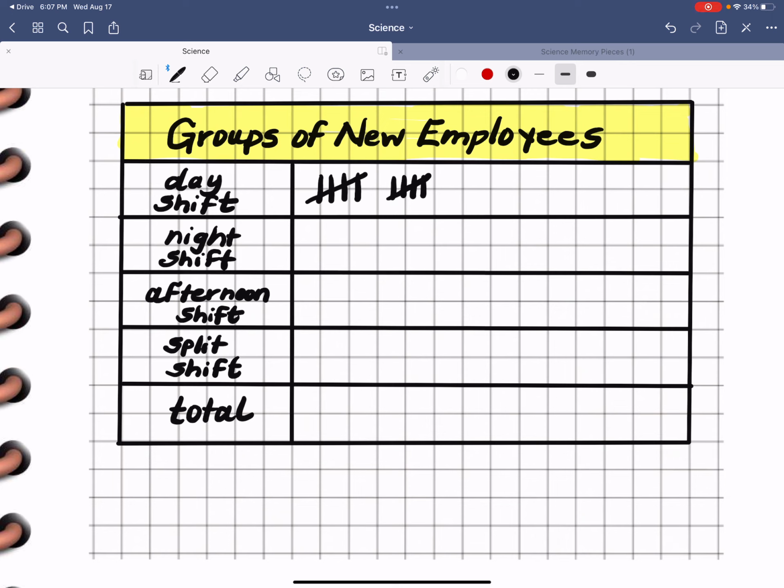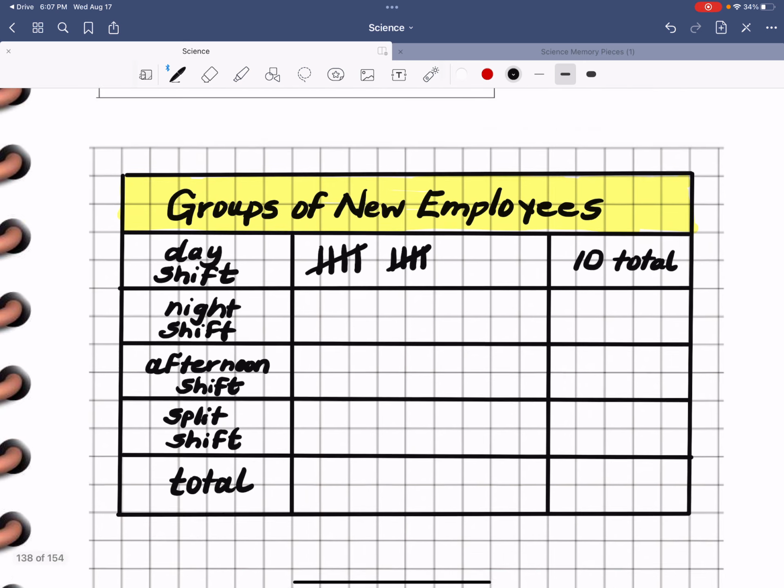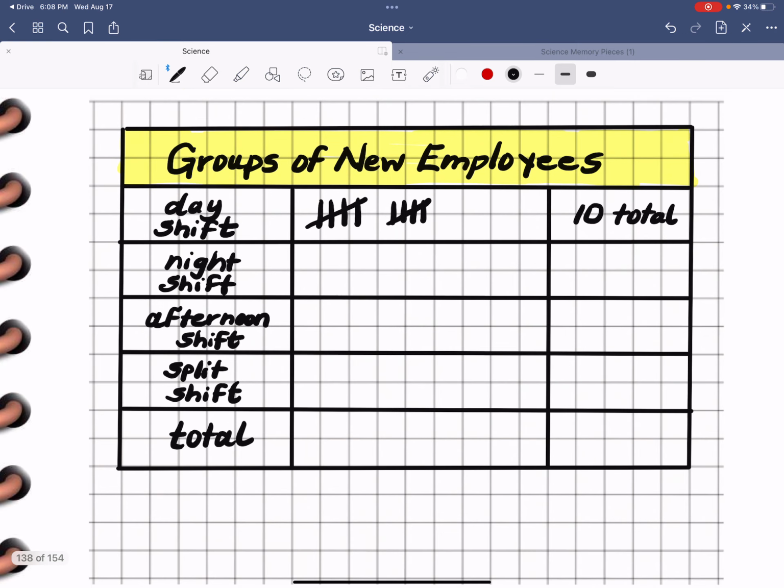So there are 10 folks on the day shift, and let's go ahead and put in another column over here and just go ahead and do subtotals. So there are 10 total on the day shift. Okay, on the night shift, I wanted to do 5.